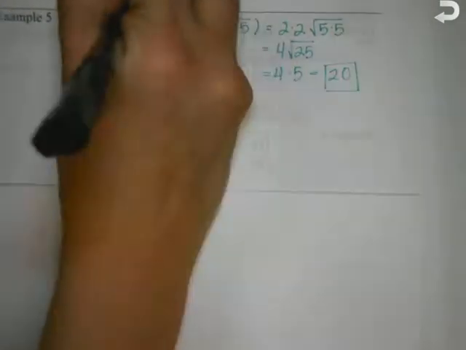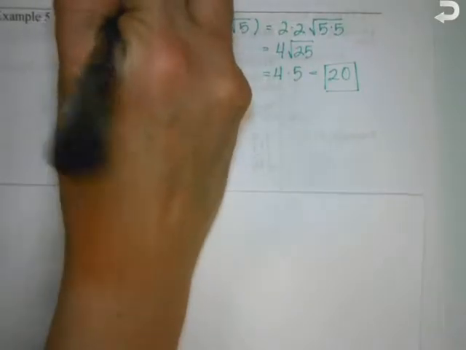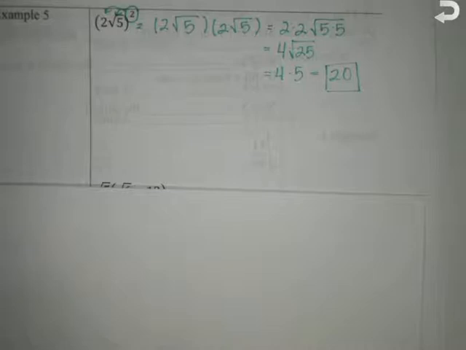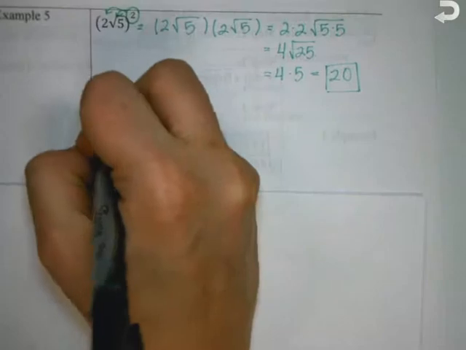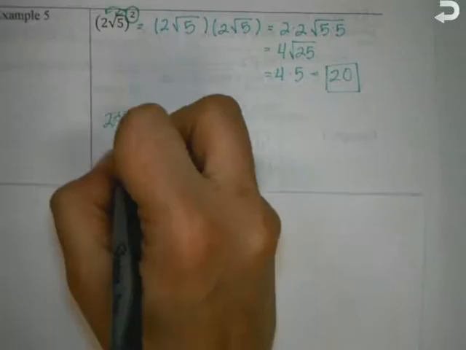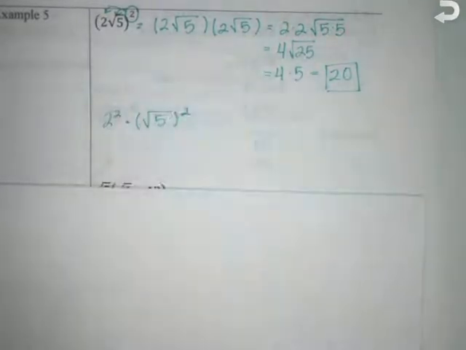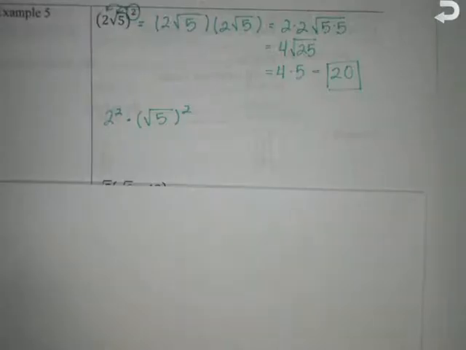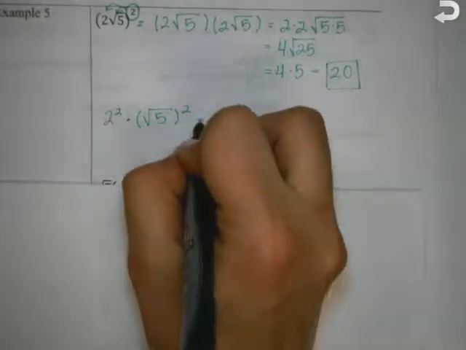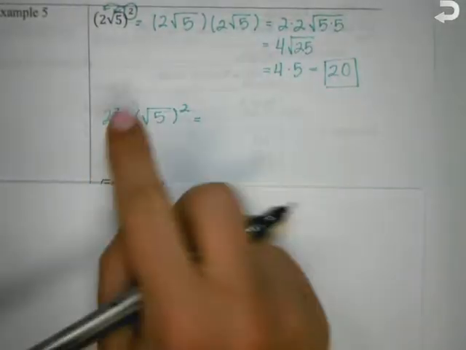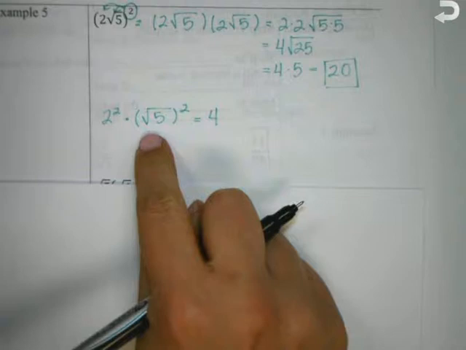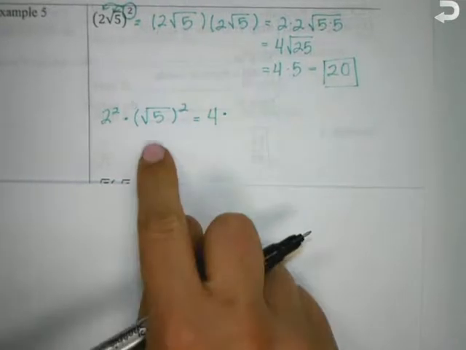So this would be the same as 2 squared times square root of 5 squared. What's 2 squared? 4. What's the square root of 5 squared? 5. They cancel. What's 4 times 5?